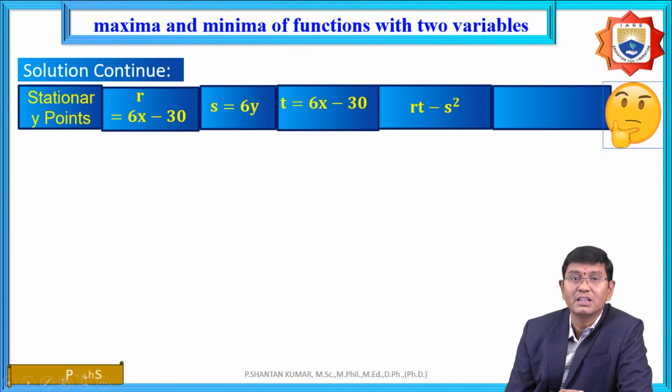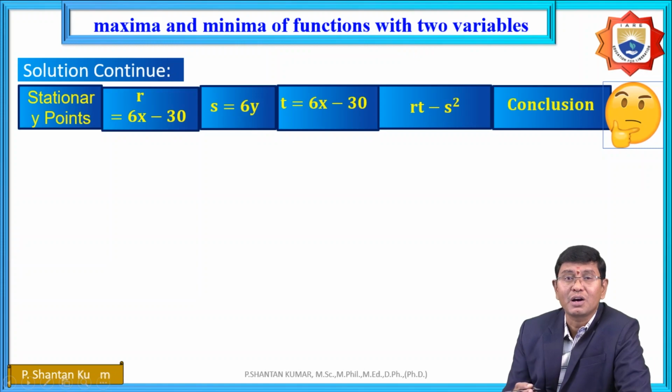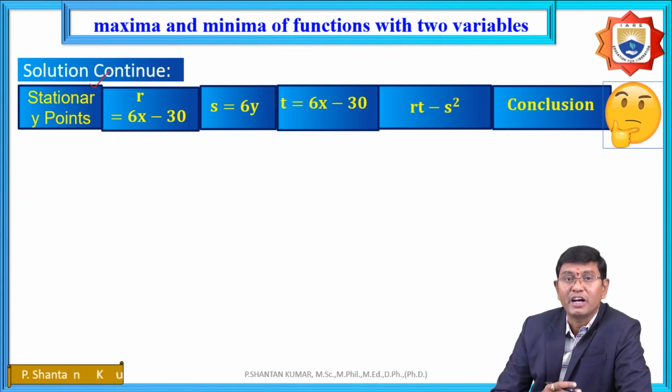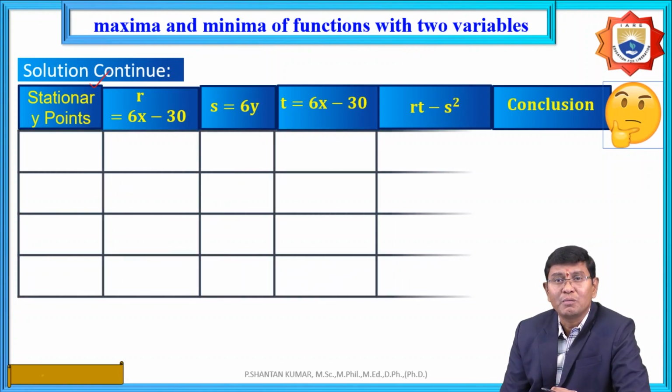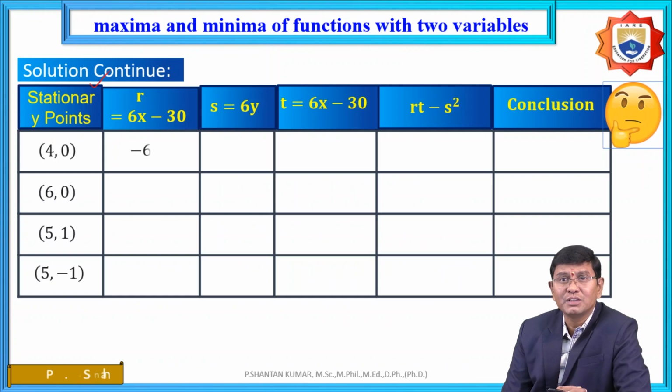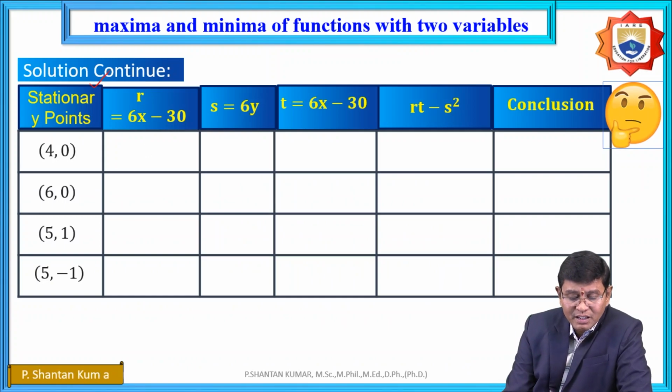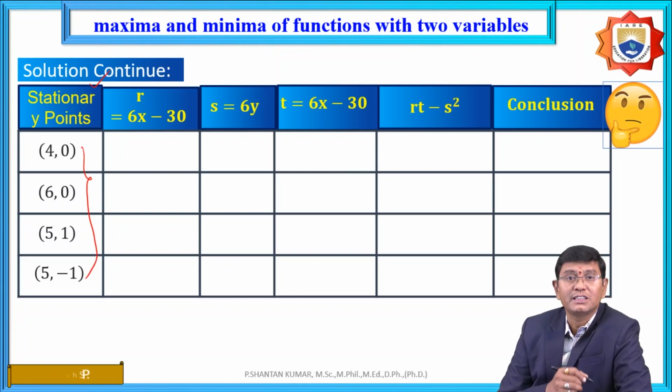That means whether it is maxima, minima or any saddle point, we need to give the conclusion. Here, the stationary points we obtain are 4 stationary points: 4 comma 0, 6 comma 0, 5 comma 1 and 5 comma minus 1.